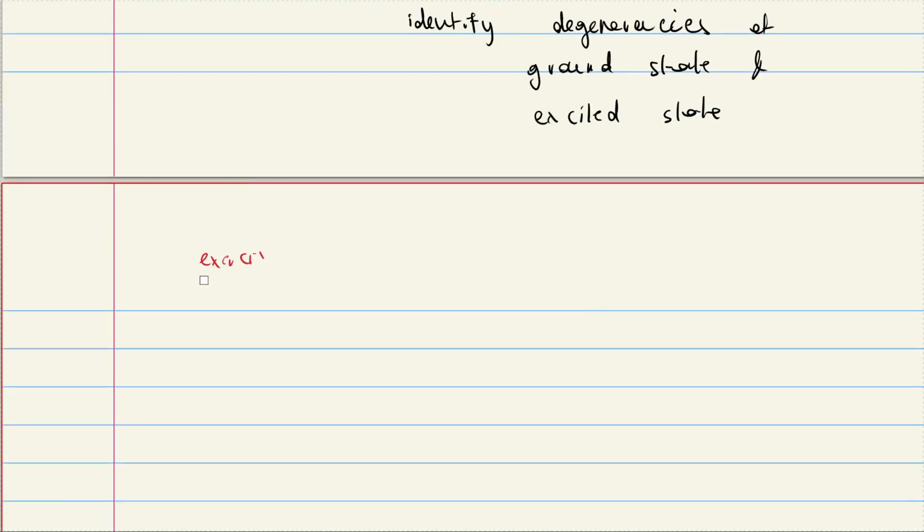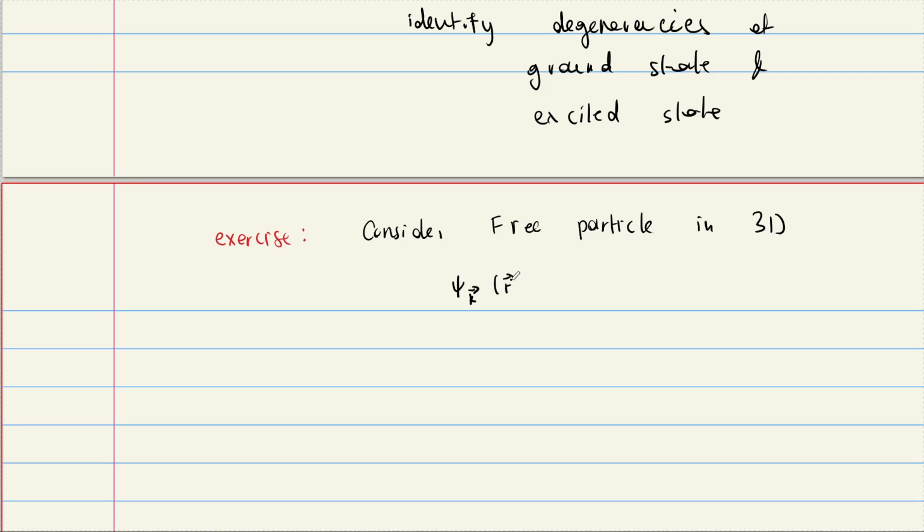And second exercise. Consider, right, the simplest thing is a free particle, but it's actually a little bit more complicated than a box. Consider a free particle, but in 3D. And for example, by solving the time-independent Schrodinger equation, find this psi of k of r, 1 over 2 pi cubed, e to the i k dot r.